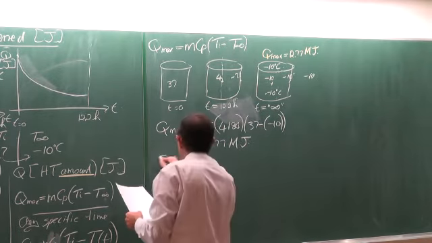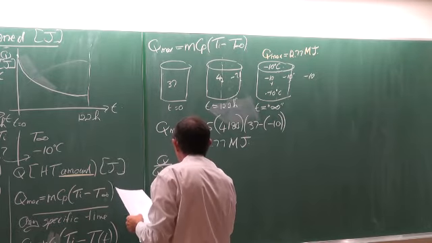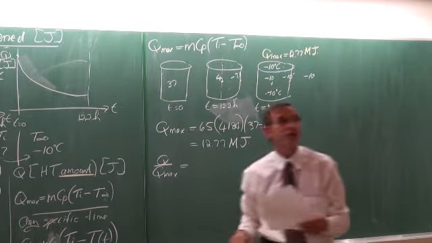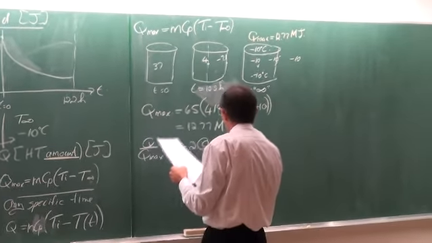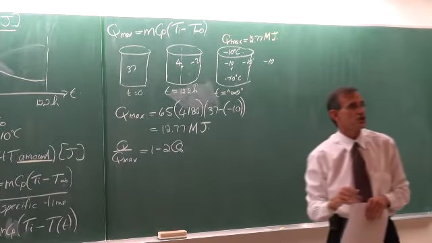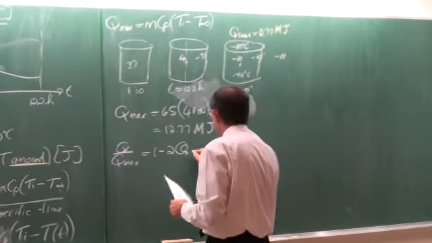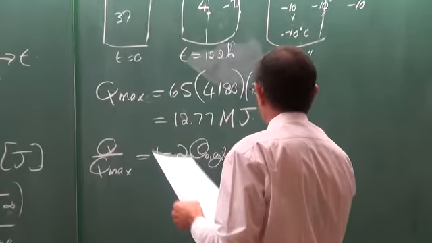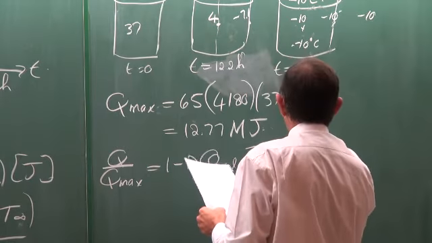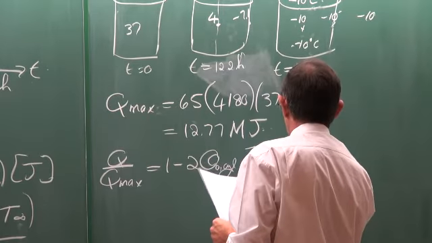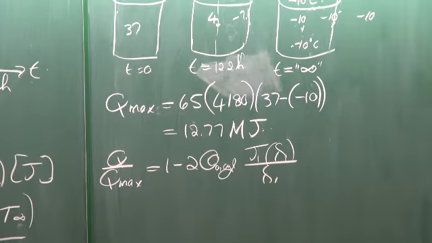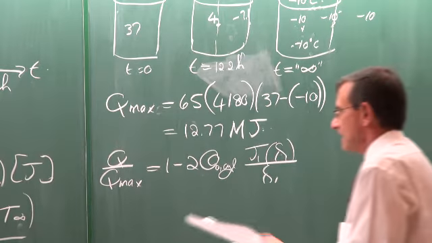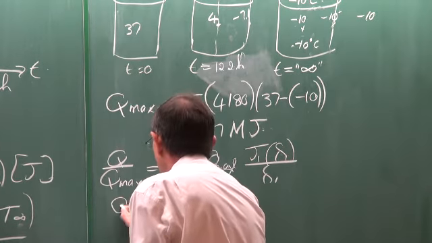And the result of that is that for a cylinder, it can be written as Q divided by Qmax is equal to 1 minus 2 times the non-dimensionalized temperature at the center of the cylinder multiplied by J1 of lambda 1 and divided by lambda 1. Okay. And we can calculate it now.